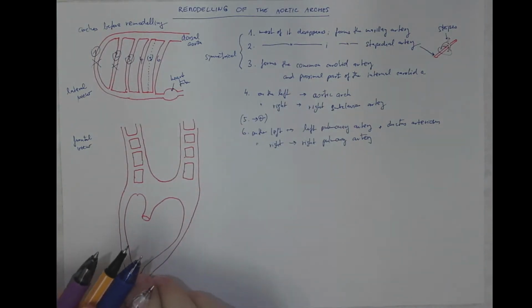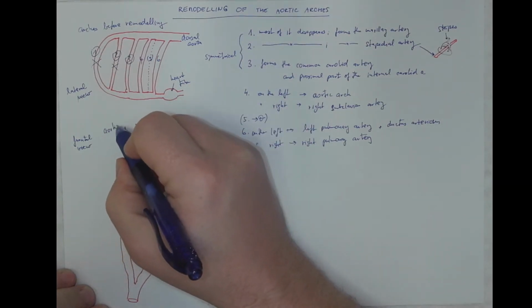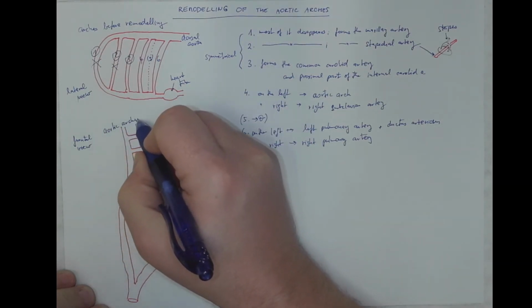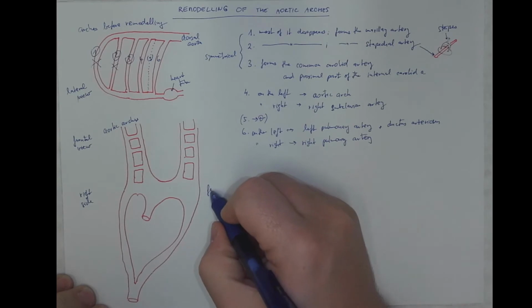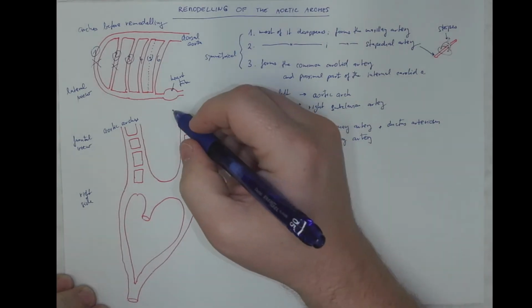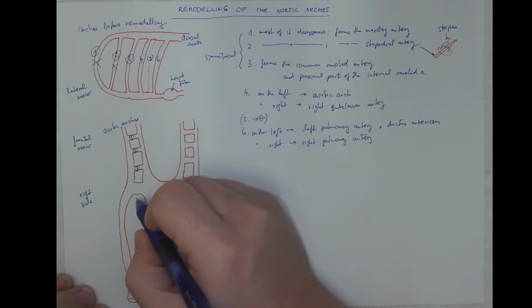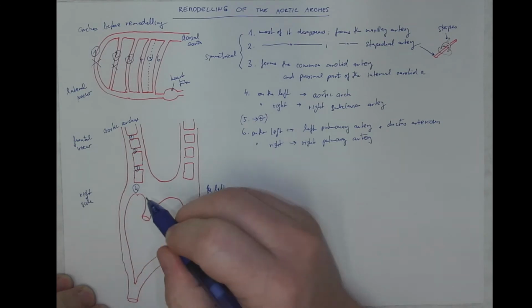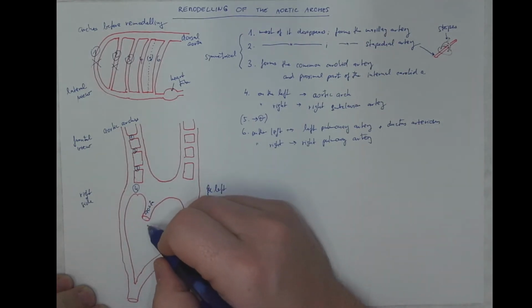Let's label the structures. By the way, this will be the right side, and that's the left one. Okay, sorry, it's the frontal view. Aortic arches number 1, 2, 3, 4. This is the ventral aorta.